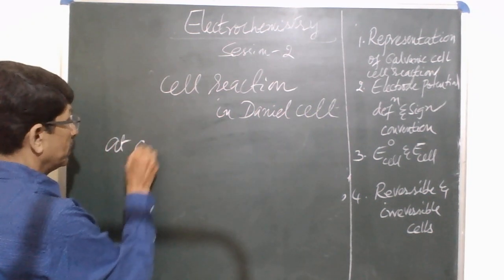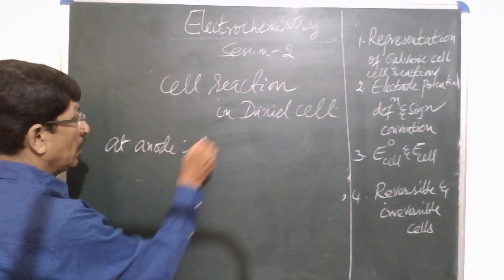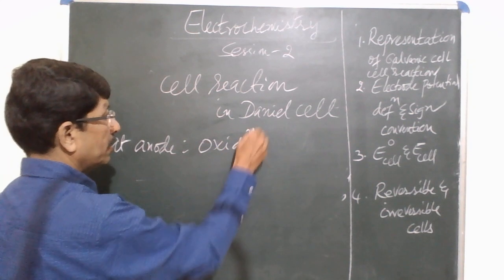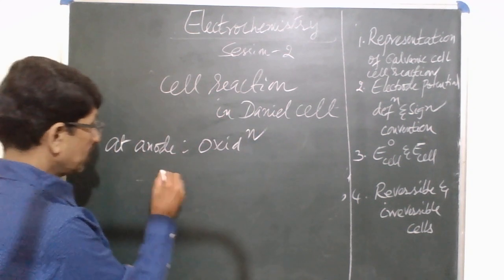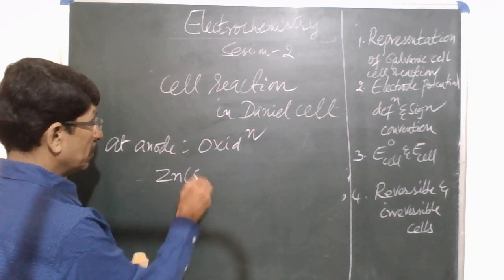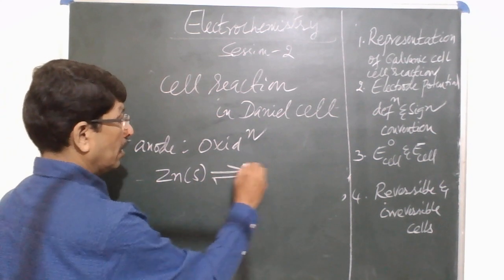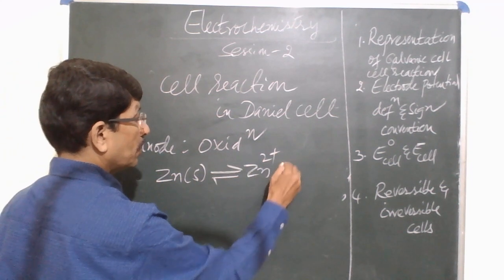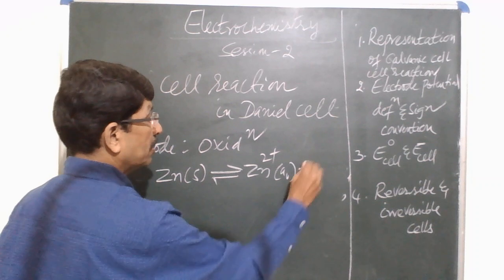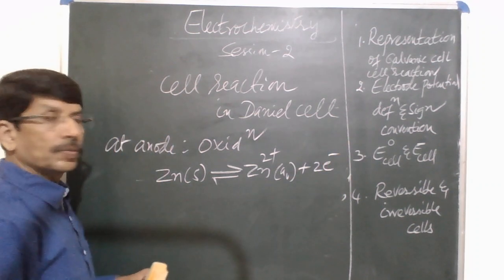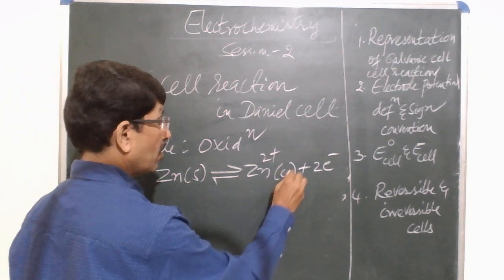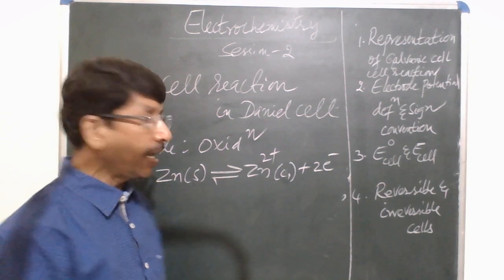at the anode oxidation takes place, and the anode is the zinc electrode. So at the anode, zinc undergoes oxidation, or I can represent this with C1 concentration as I have represented earlier.